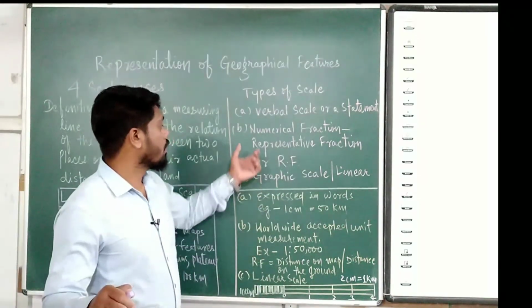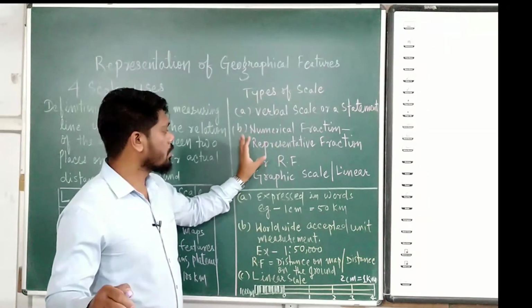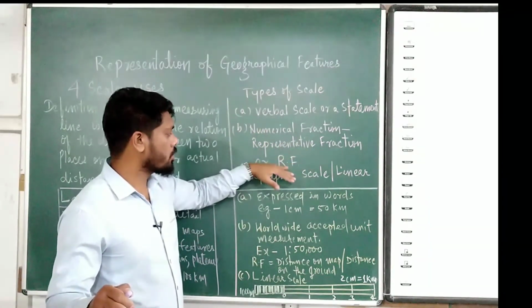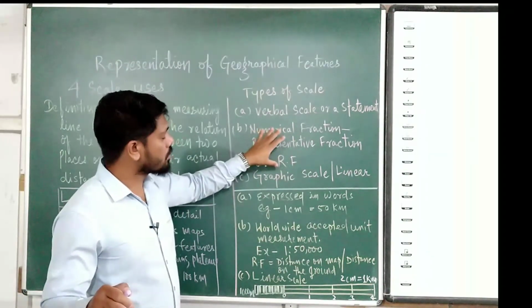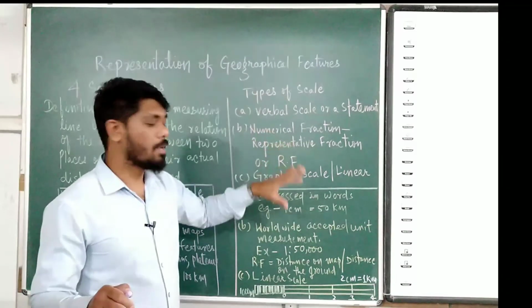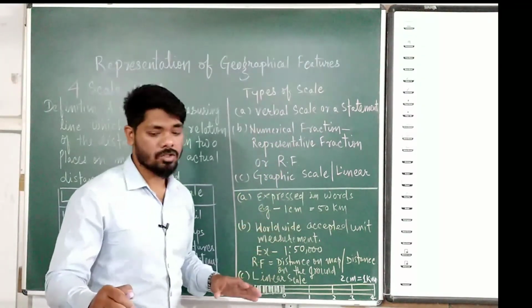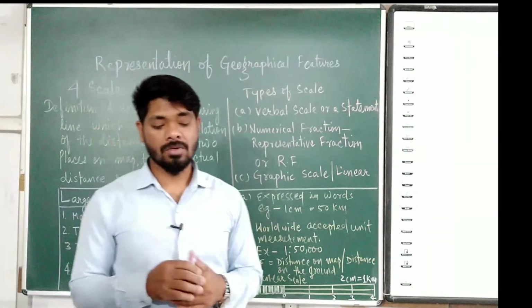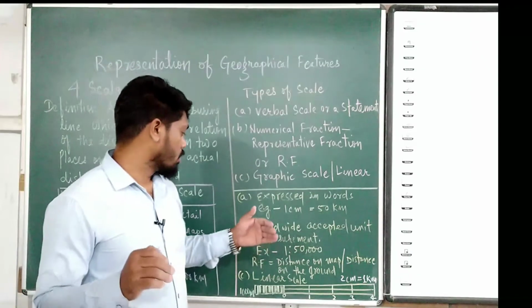Next one is the numerical fraction, known as the representative fraction, in short RF. This type of scale shown on the map is a worldwide accepted unit of measurement. In all countries it is accepted and used worldwide.